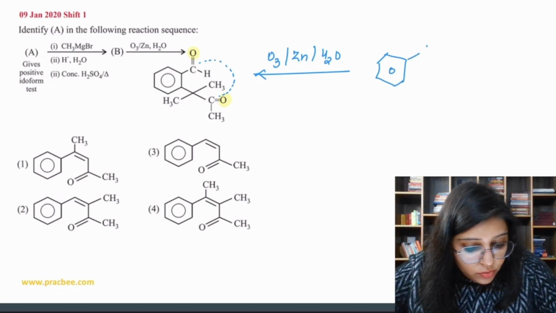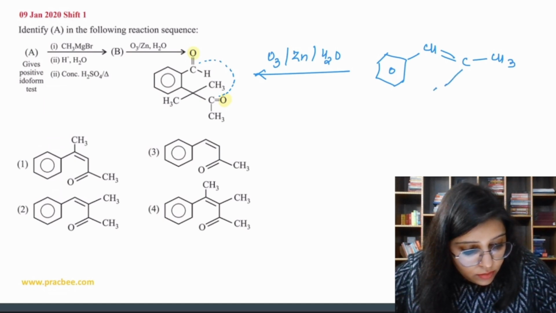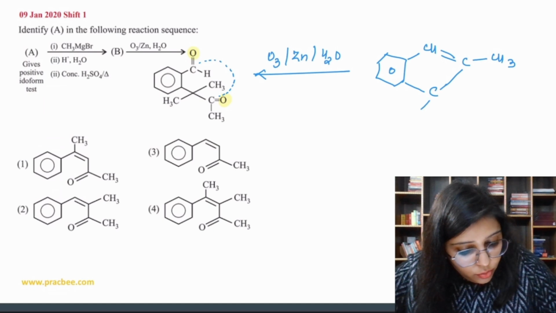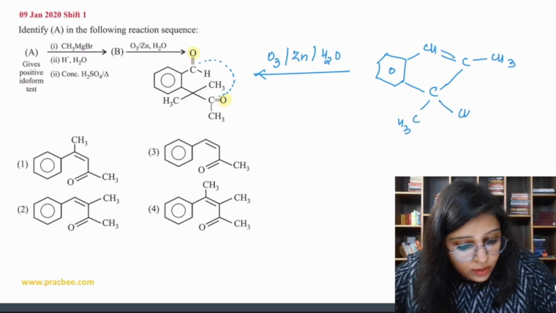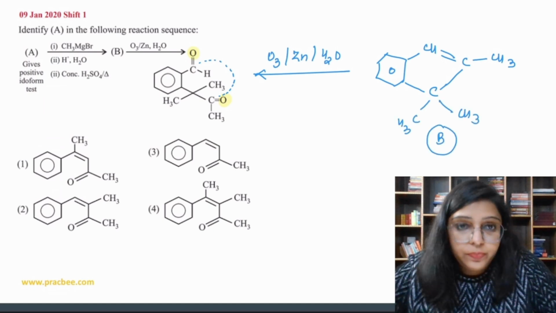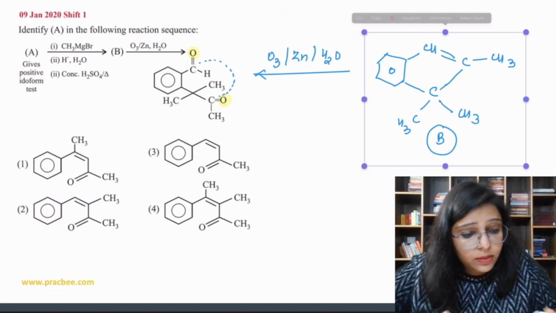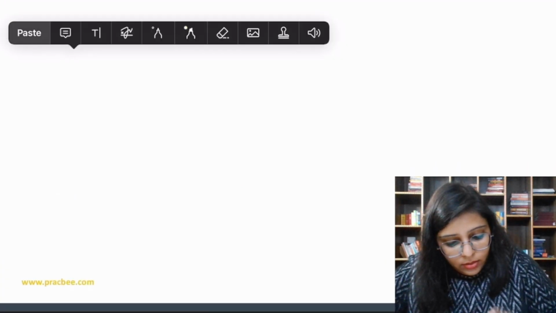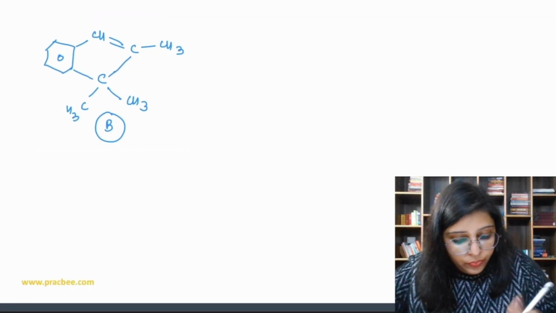This is a trick. So we have CH double bond C, which is bonded to CH3, then we have CH double bond C, which is bonded to 2 methyl groups. Okay, so this is B.